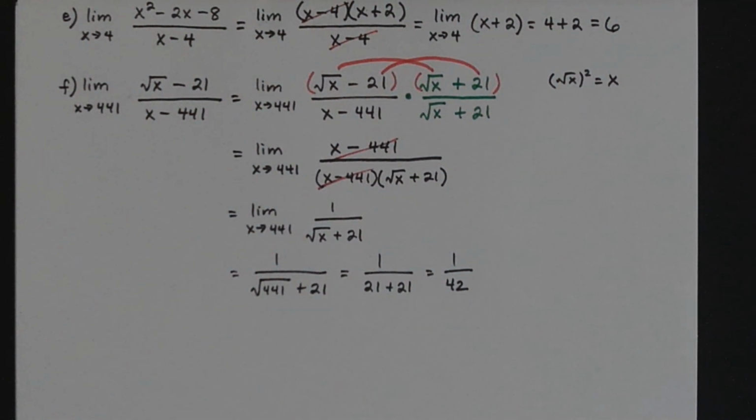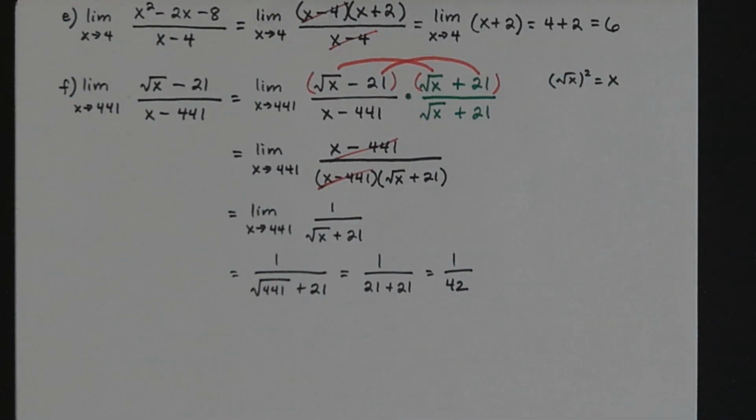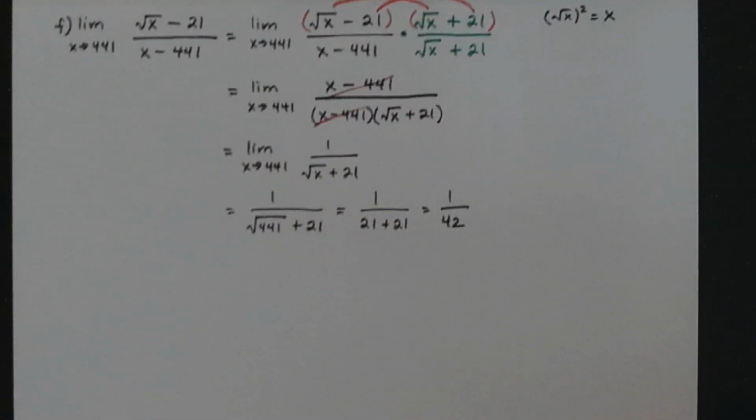So that means that the limit as x approaches 441 of the square root of x minus 21 divided by x minus 441 will end up being 1 over 42. Are there any questions about problem number 4, A through F?